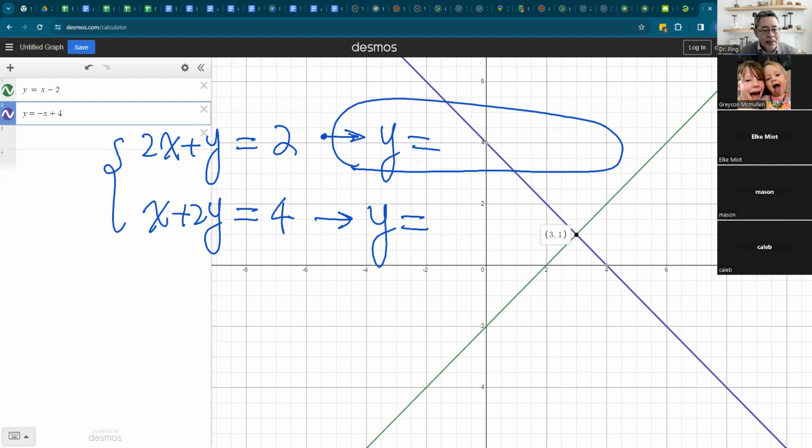Very good. So basically to move 2x to the right-hand side, because this is a positive, so minus 2x on both sides. So that basically is 2 minus 2x, which we can write as negative 2x plus 2. So it means the same thing.